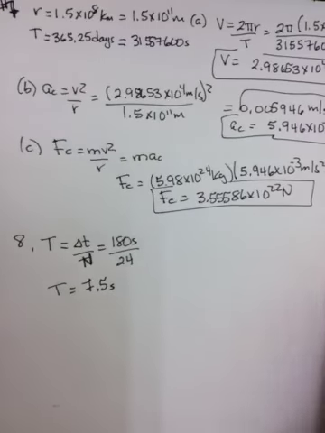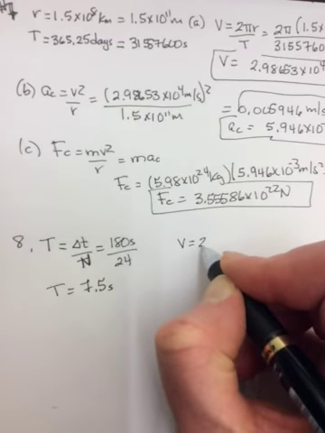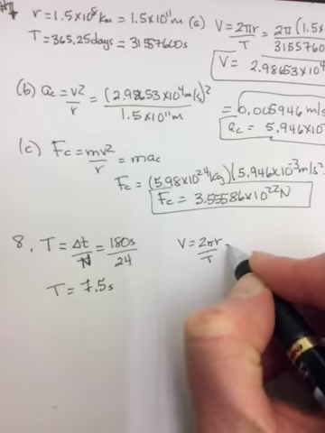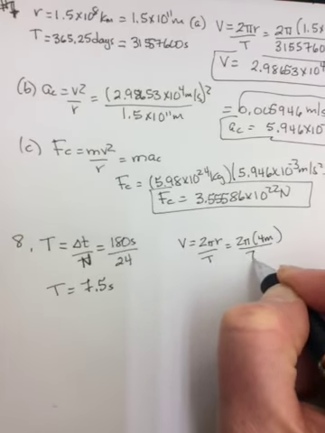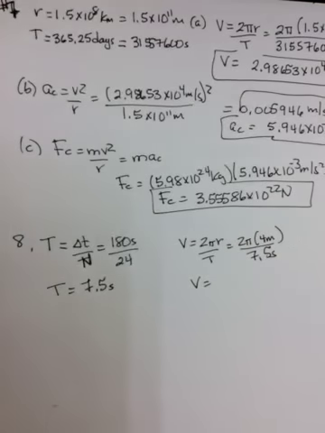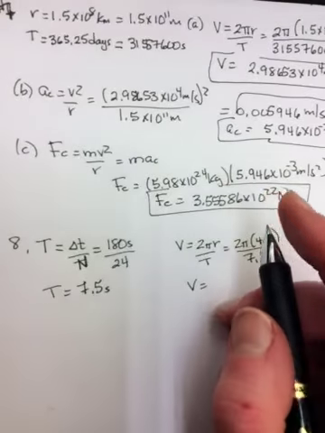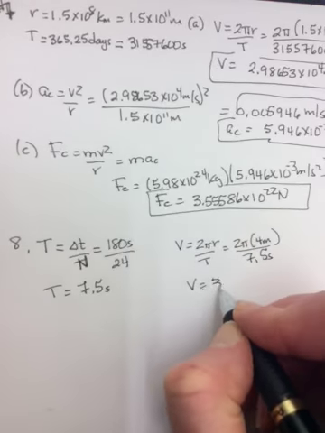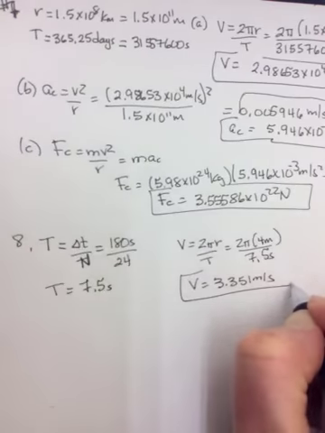Find the speed of a person standing 4 meters from the center axis. So v is equal to 2 pi r over t. So 2 pi times 4 meters divided by 7.5 seconds. v is equal to 3.351 meters per second. That's part A.